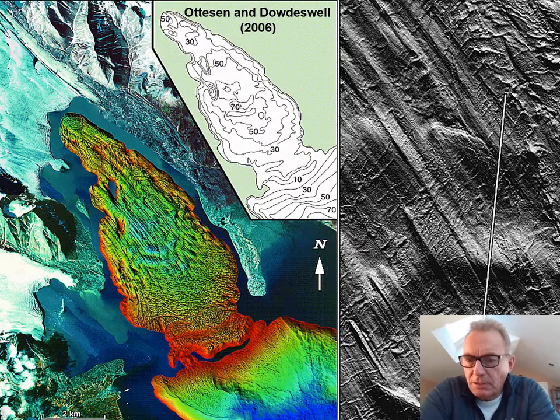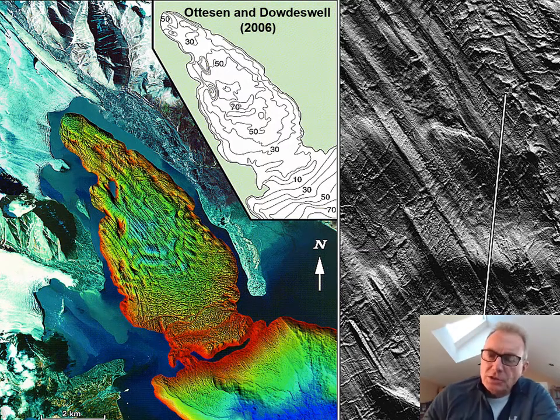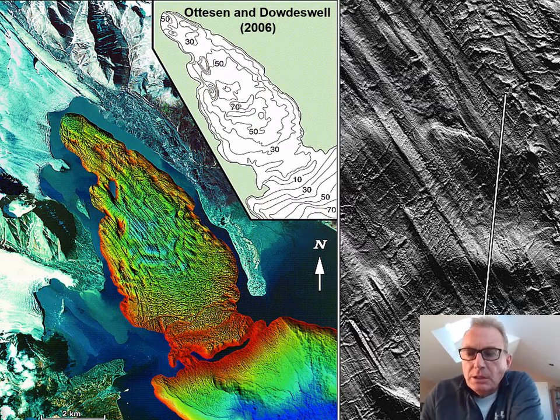So our understanding of the last great ice sheets in North America has changed dramatically, because we can now use modern ice sheets as analogues, as examples, and identify these ancient ice streams in Canada. And it's all based on recognition of these grooved surfaces and long, skinny ridges, which again are called megascale, large-scale glacial lineations.